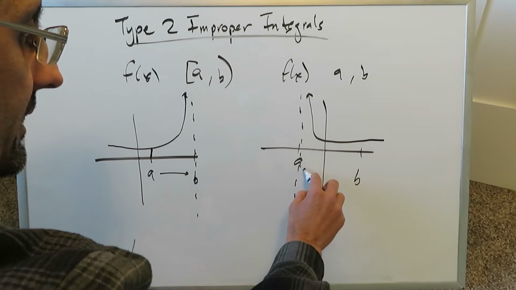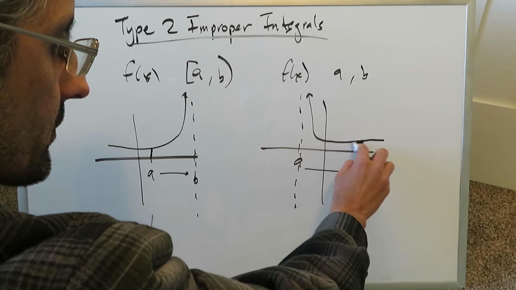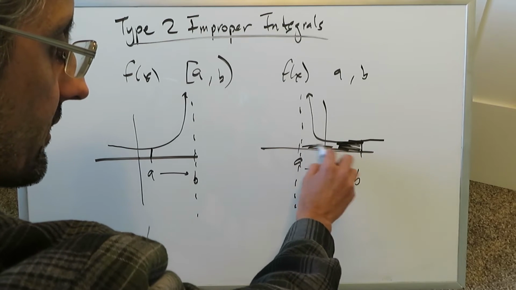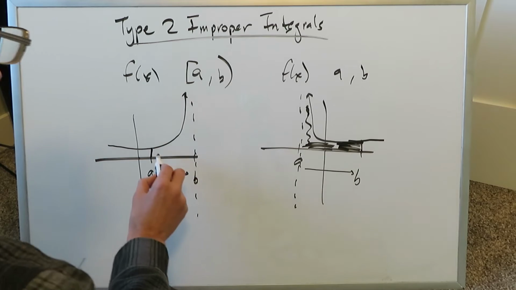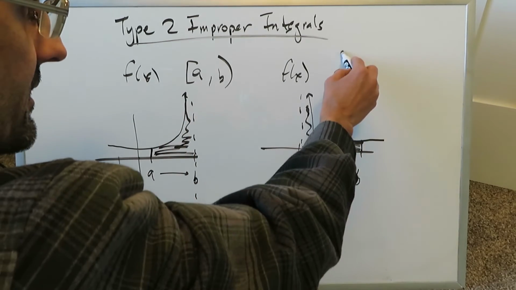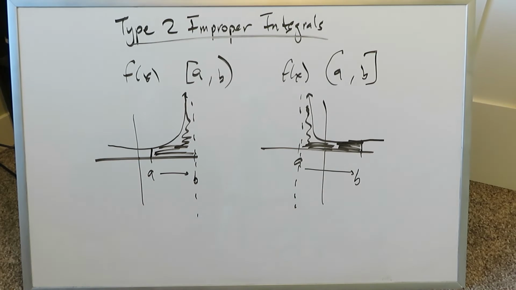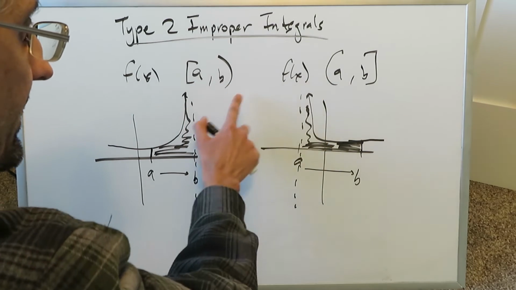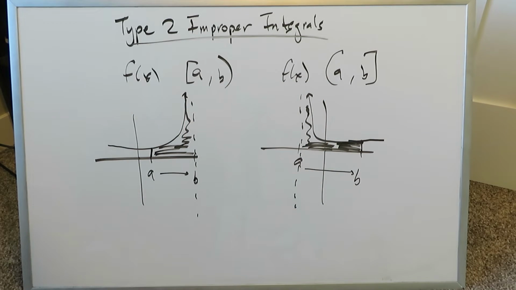We're looking at all of this shading and then it's going up. Here your interval will look something like this with regards to how you would set this up for your integration procedure. But notice how we have the parentheses coming into play based on from which side you are arising from and from where the asymptote is present.